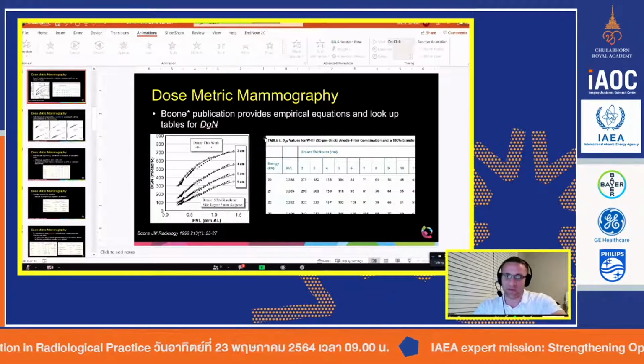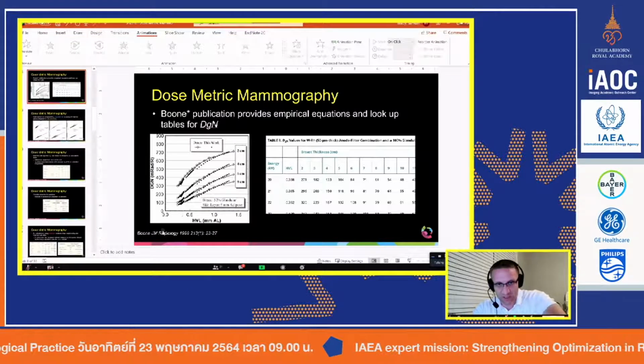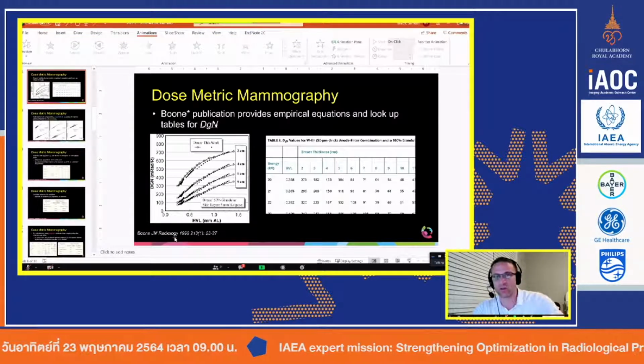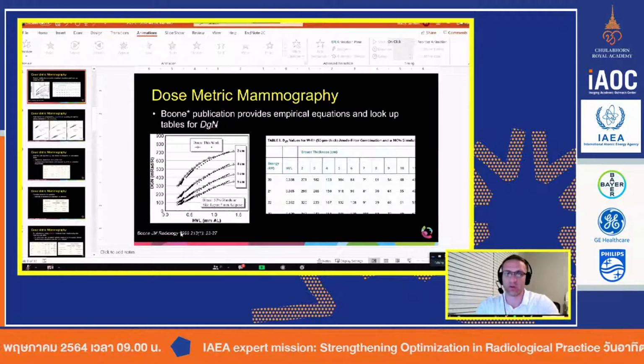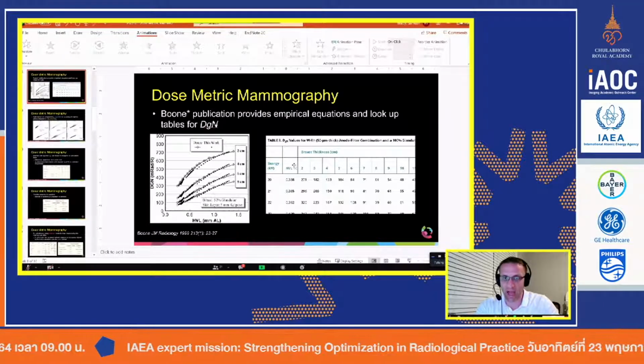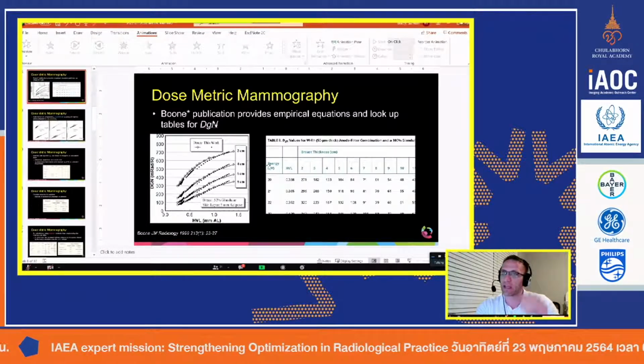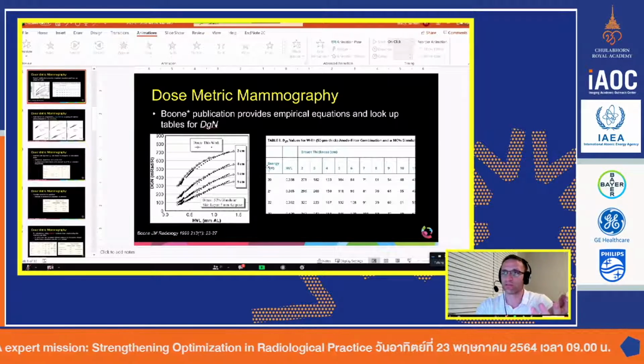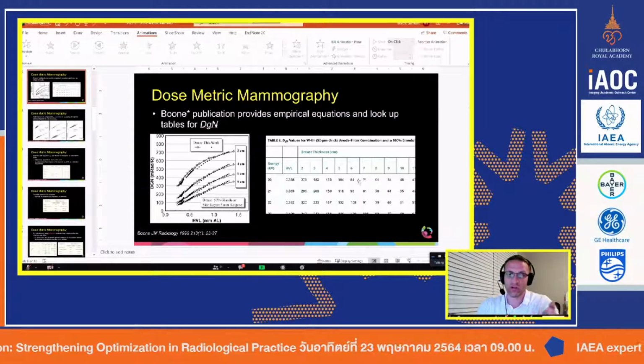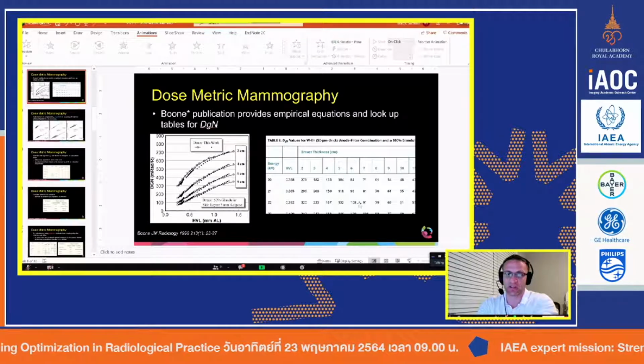And that's okay. If you have access to these tables, you go to these publications and you do your measurements, you know what your air kerma is, you know what your half value layer is, and you know what kV you imaged, your ion chamber and your phantom, you can calculate that.